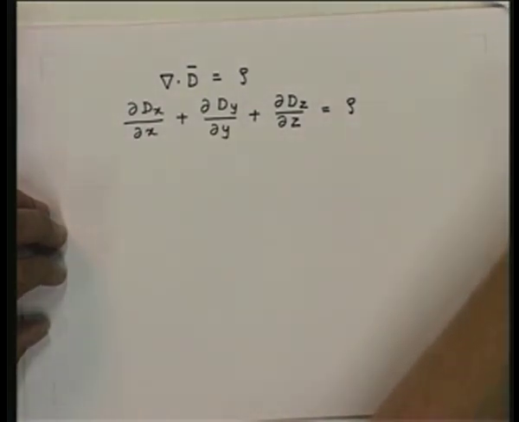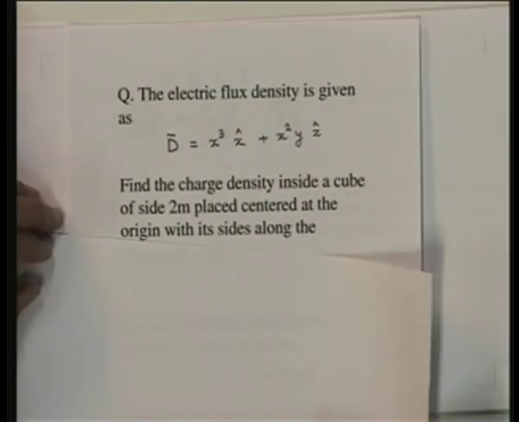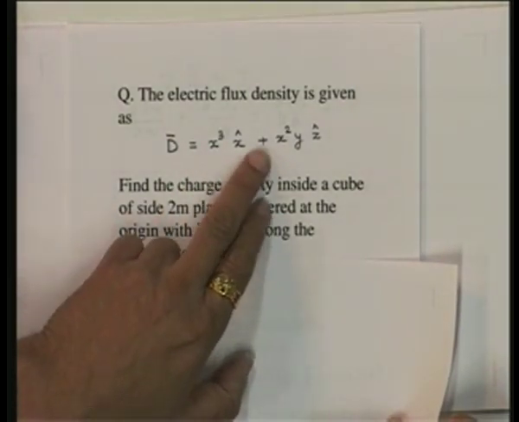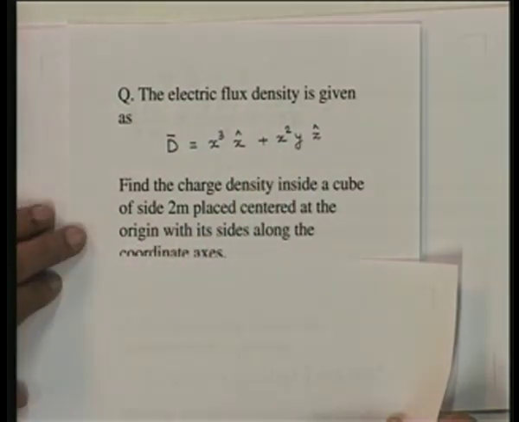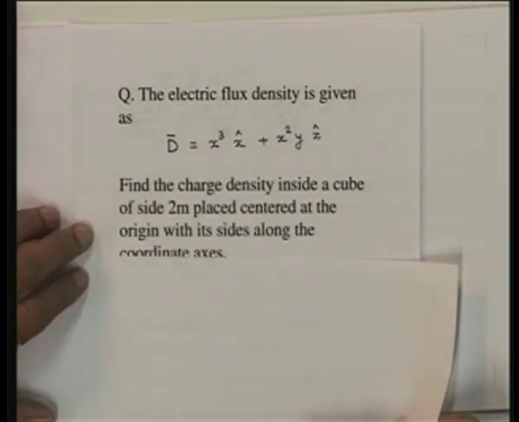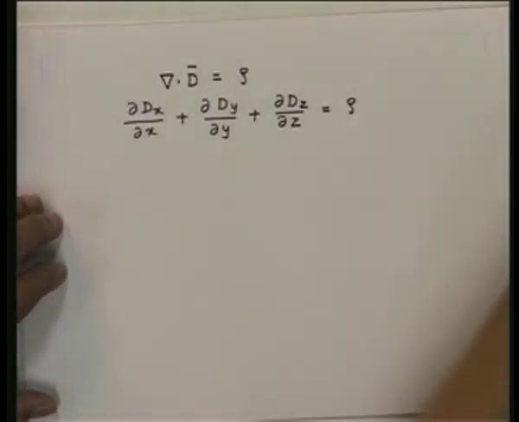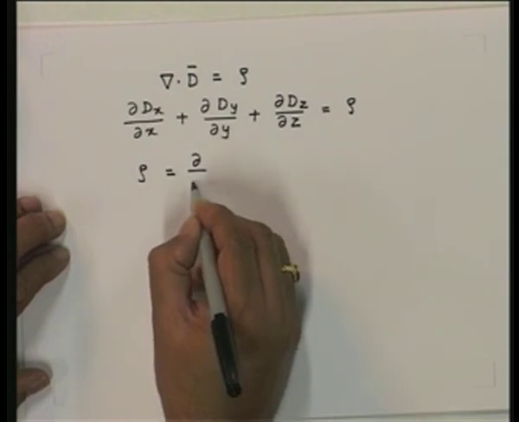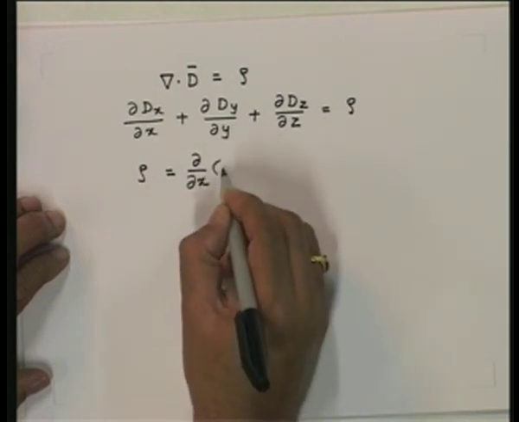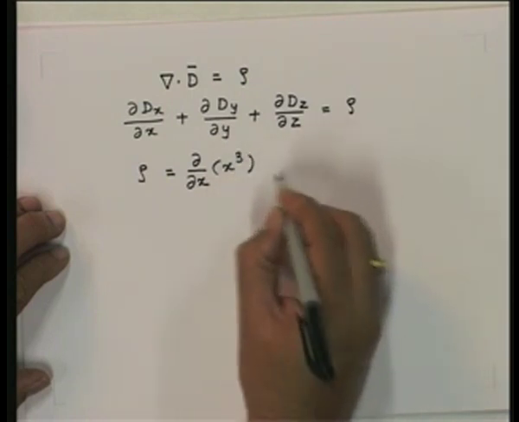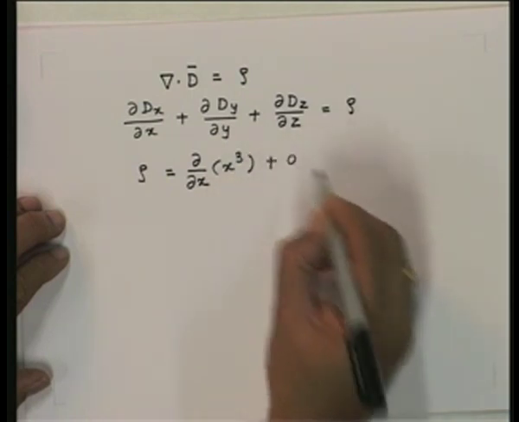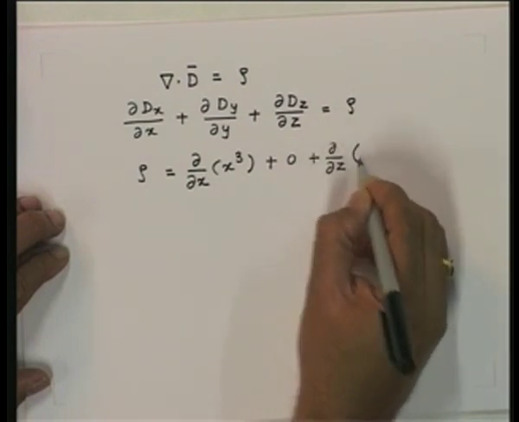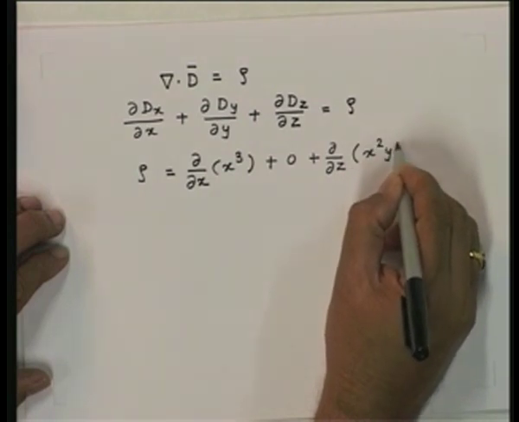Substituting now for the D which is given here, where the x component of D is x cube, y component of D is 0, and z component of D is x square y. If I substitute this into this expression, essentially we find that rho is equal to d by dx of x cube, the y component is 0, so this quantity is 0, plus d by dz of x square y.